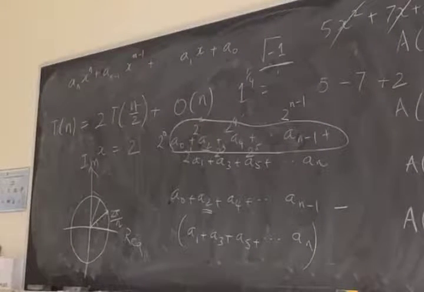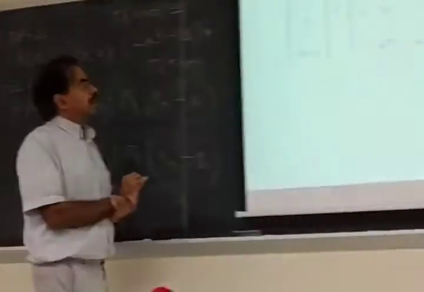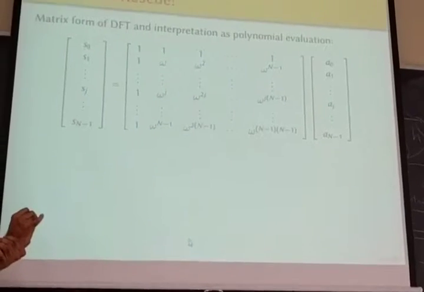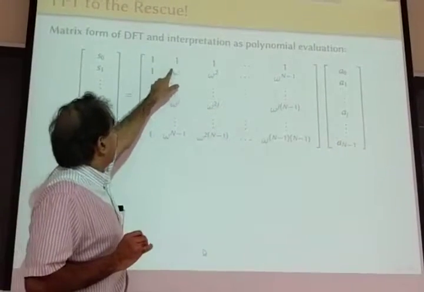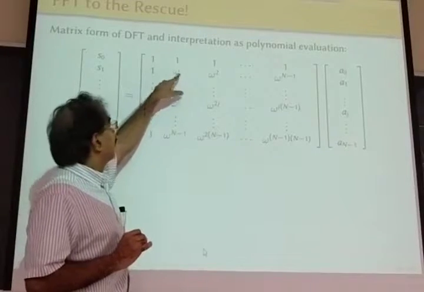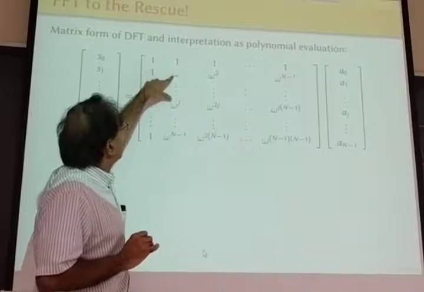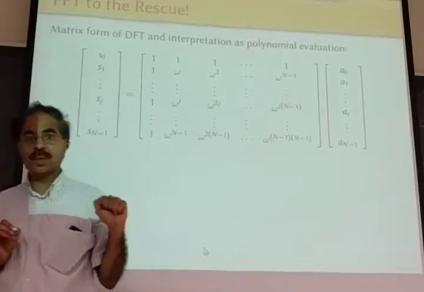So again, the matrix form using the fast Fourier transform looks very similar to what we saw before, except that instead of evaluating at x0, x1, and so on, we evaluate at 1, the nth root of unity, and various powers of the nth root of unity.